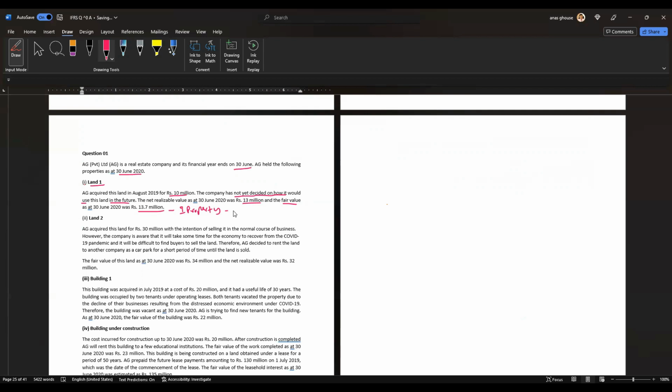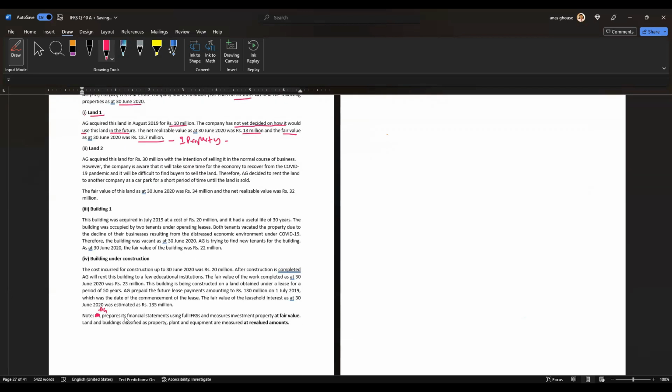So what is the value that you need to recognize? AG measures its investment property at fair value. Here it's given that AG prepares its financial statements using full IFRS and measures investment property at fair value, and land and buildings classified as property, plant, and equipment are measured at revalued amount. So the company adopts a fair value model.